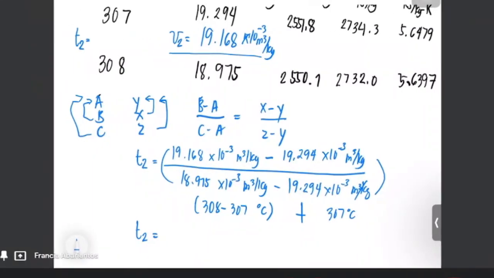307.39. Tama ba? Yung iba, what is your sagot? 19.168 minus 19.294. Huwag kakalimutan na yung 18.975 minus 19.294. Okay.